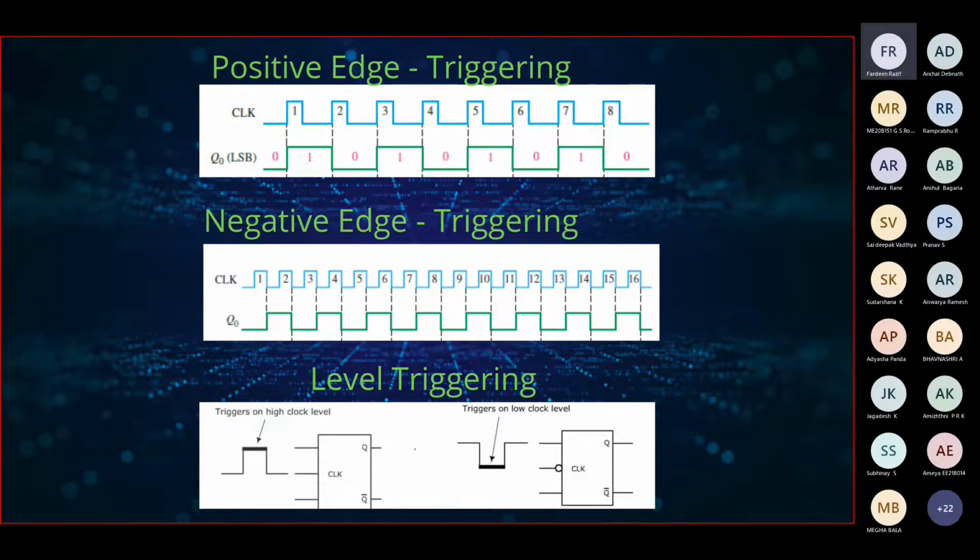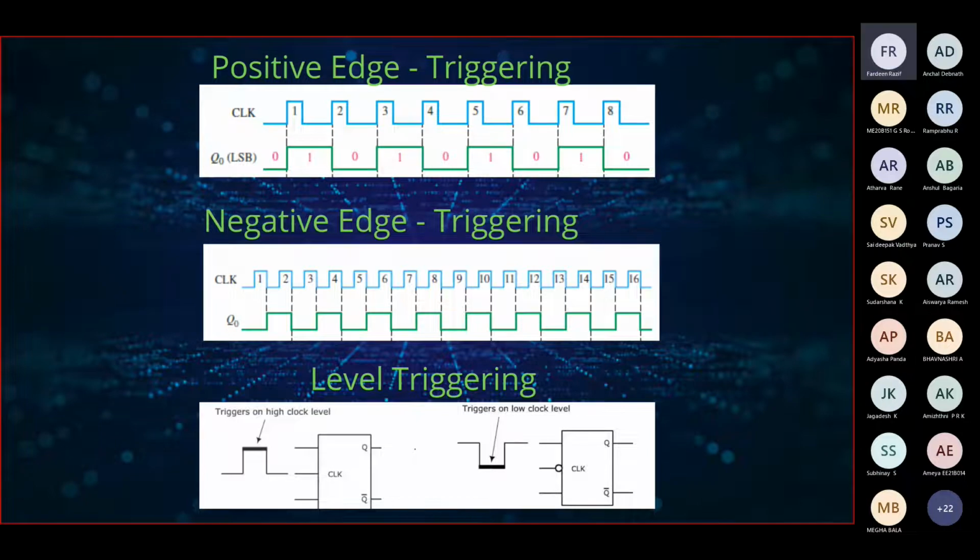The data may or may not change at this point, but the main point here is that if the data is supposed to change from high to low, something like that, it can only happen during those instances. And using the same logic, if you go for a negative edge triggering, data changes during a high state to low state transition.